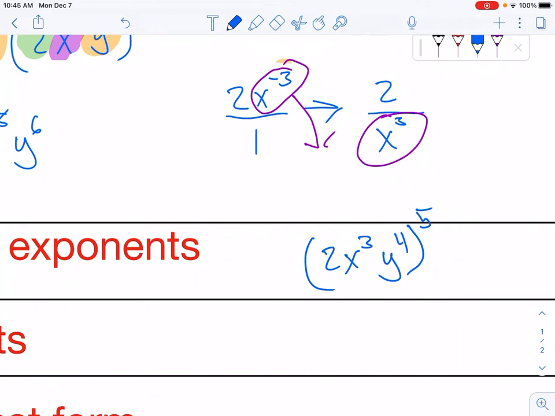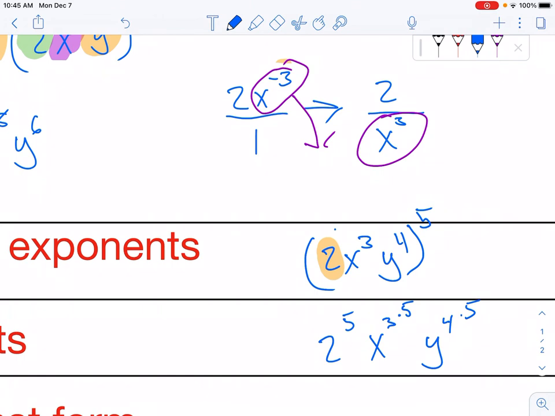Each individual piece, because this means there are 5 sets of this whole thing. If I were to expand it out, there would be 5 2s, so I would get 2 to the fifth. There would be 5 x to the thirds, and there would be 5 y to the fourths.